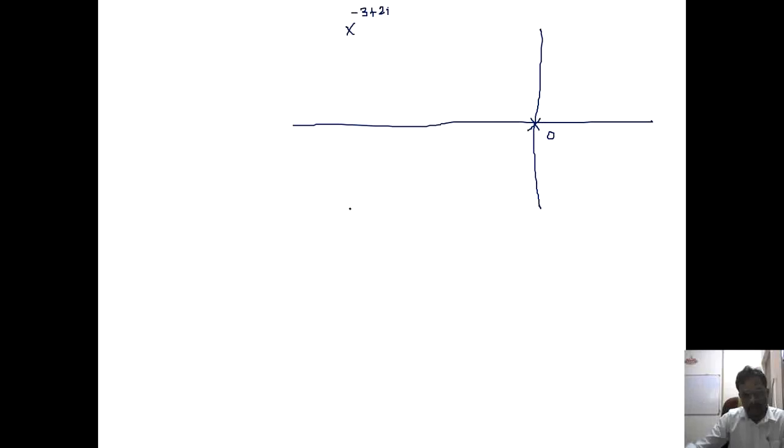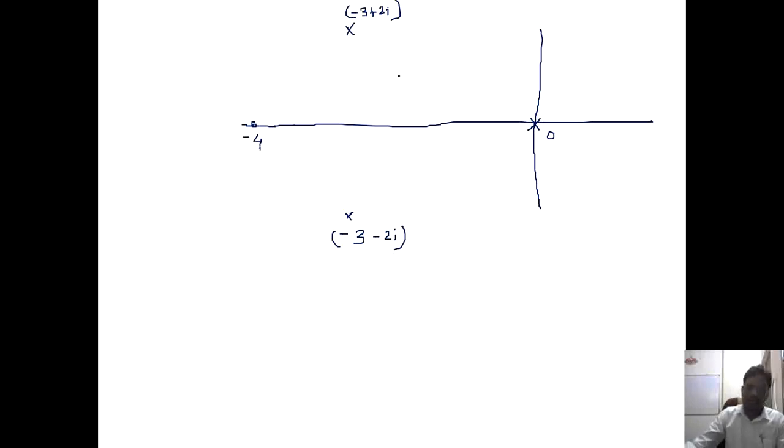For the same, we need to draw the S-plane again. Poles are at 0, then minus 3 plus 2i and minus 3 minus 2i, then the 0 is here at minus 4.